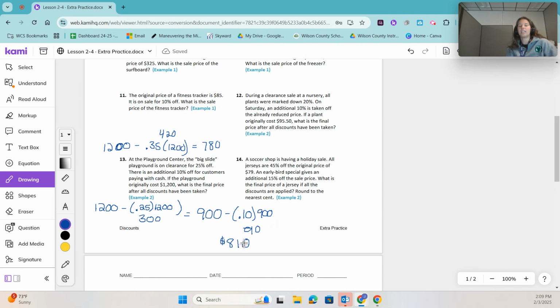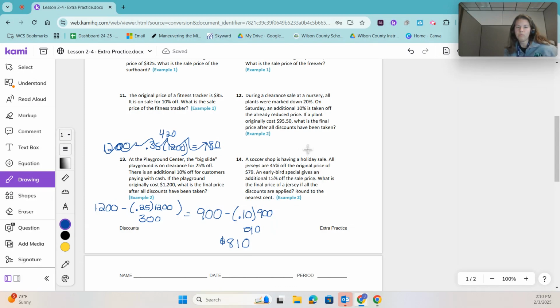So there's a difference. You're taking 10% off of that new price, an additional 10%. You're not taking 35% if you pay in cash. Does that make sense? So make sure that you do it in 2 steps. You have to use that new price when you're doing these.